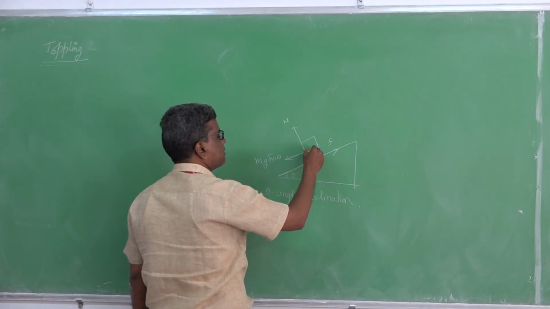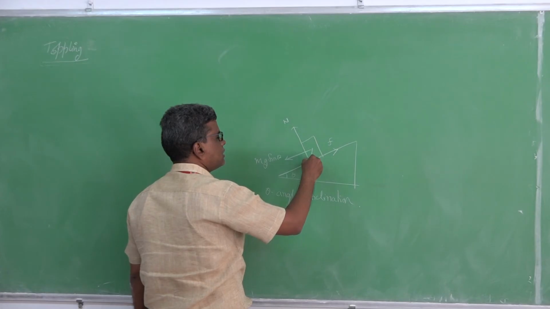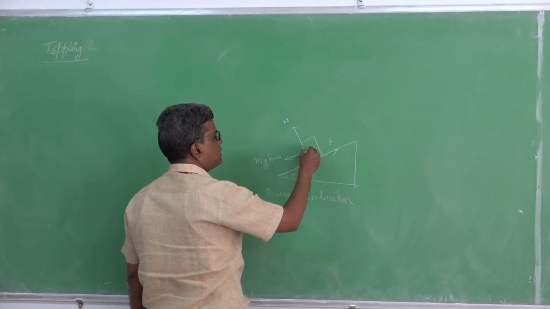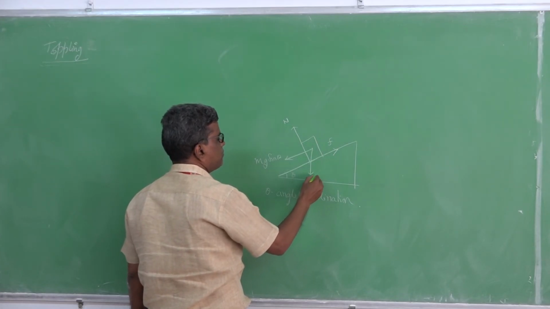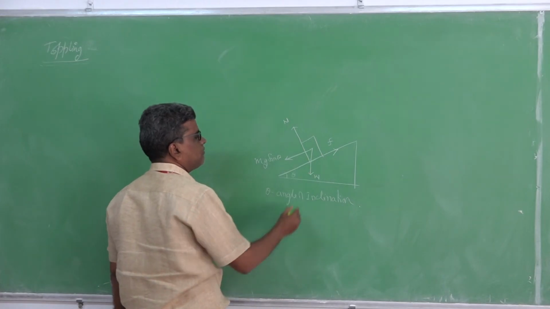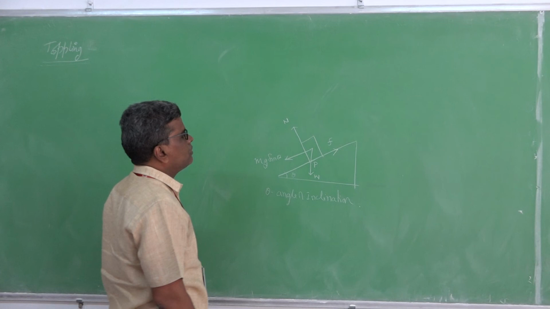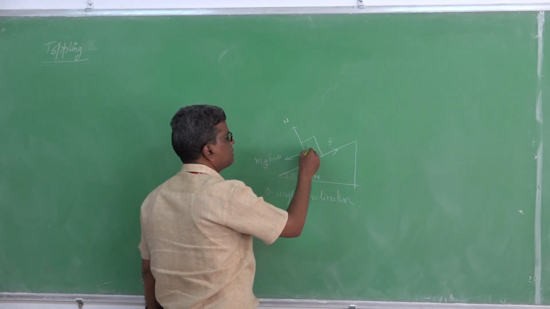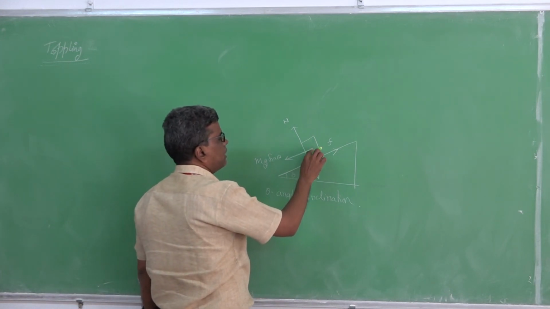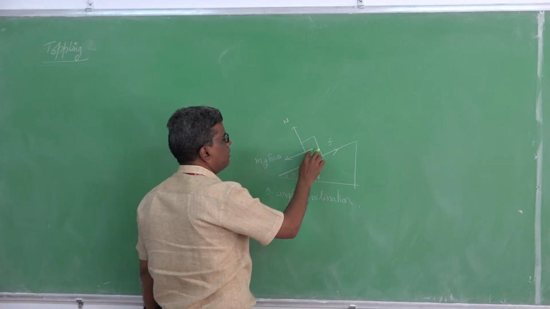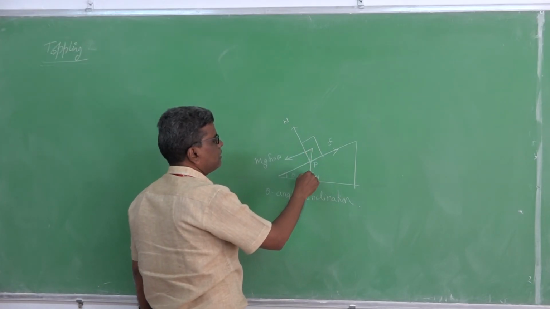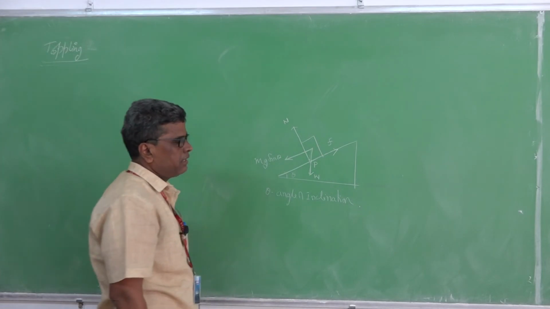At the time of toppling, the weight should pass through the point of toppling P. This is the critical state. The center of gravity and the point of toppling will be in a vertical straight line.